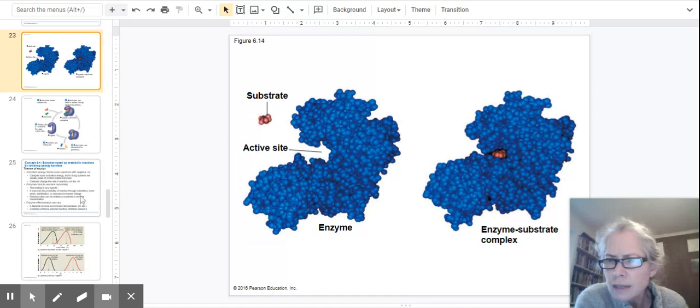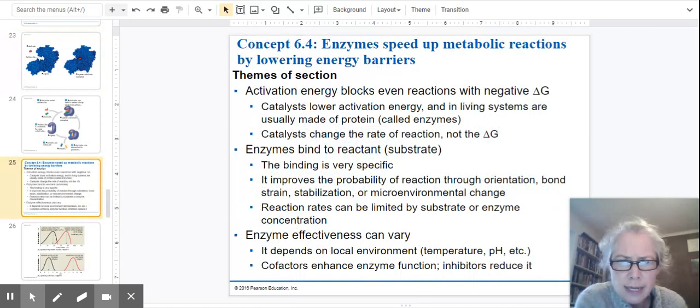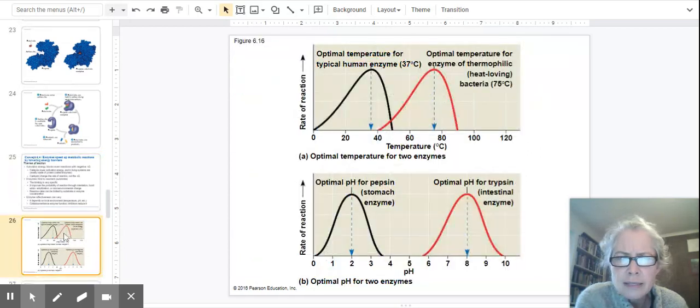All right. I think the last thing I want to say about enzymes is that their effectiveness can vary. Because enzymes are proteins themselves, they are susceptible to damage. And the things that can damage enzymes are the things that can damage any large organic molecule, such as heat or acidity or any other number of stresses.